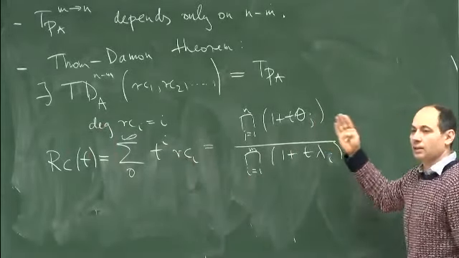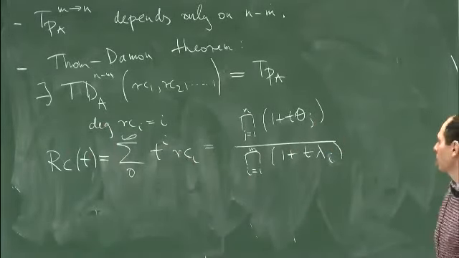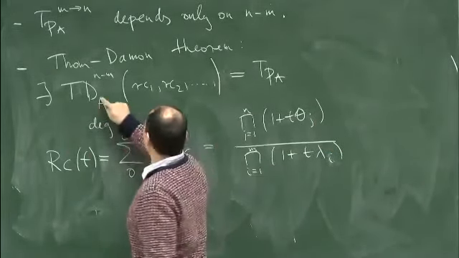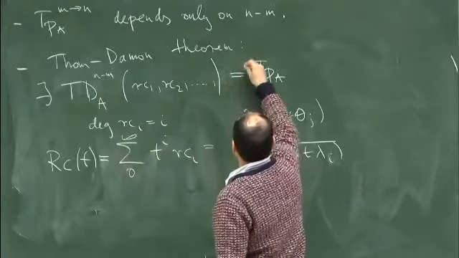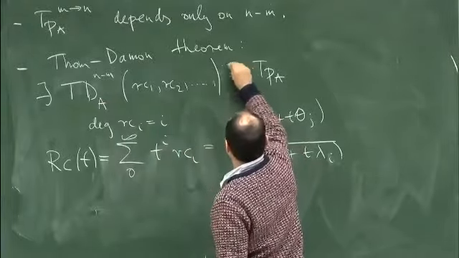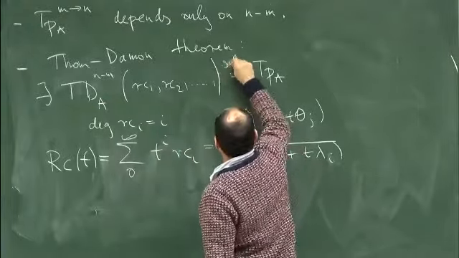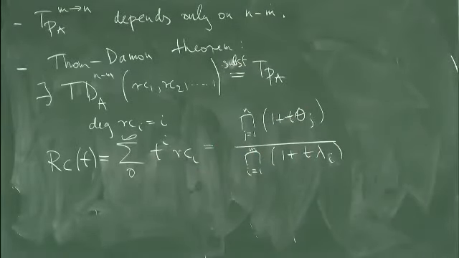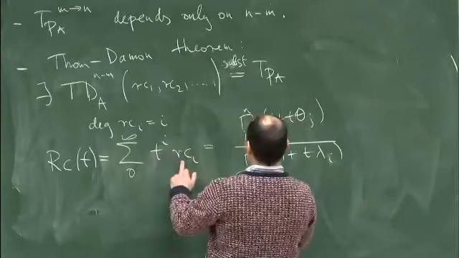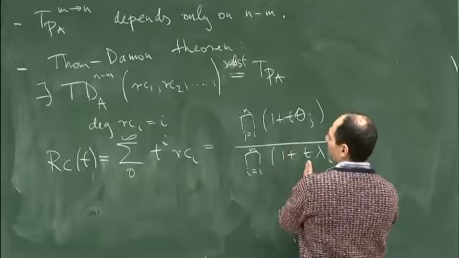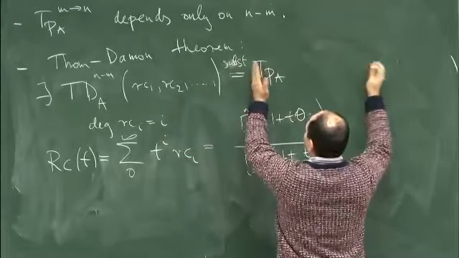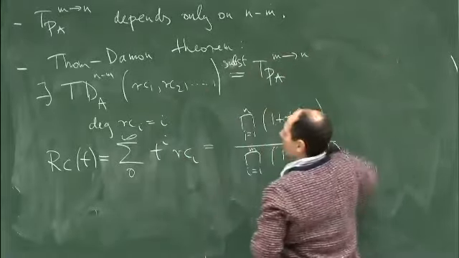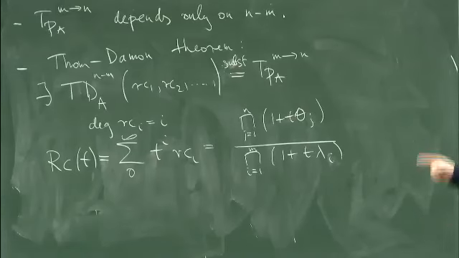But the statement is that these Thom polynomials are such. So there exists this TD, which, when you make the substitution I described here, for each RC you get some polynomial in thetas and lambdas, you substitute, and then you exactly recover this polynomial that we are trying to calculate.